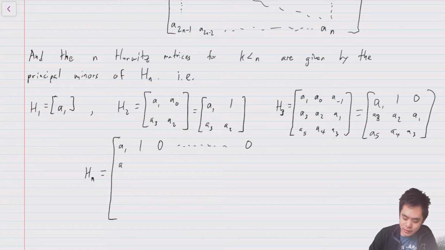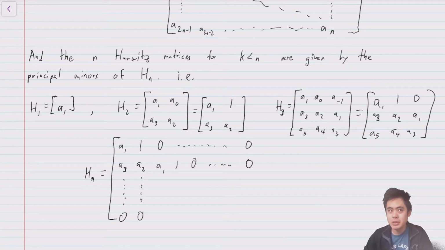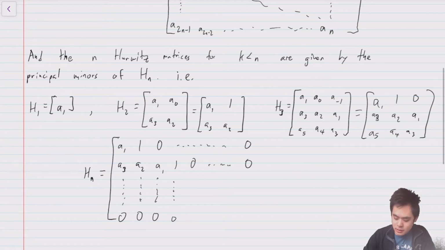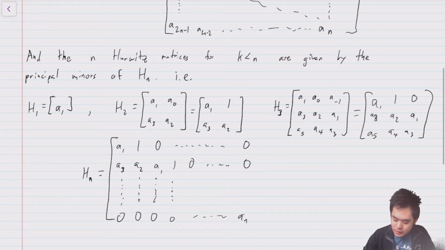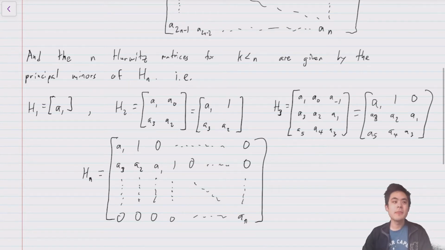And then you have a3, a2, a1, 1, 0, and a bunch of zeros, and so on. And of course, down here you end up with zeros, since that's a(2n-1), clearly bigger than n. But you end up with an an here. So it's a really weird sort of matrix, but now we've defined it.